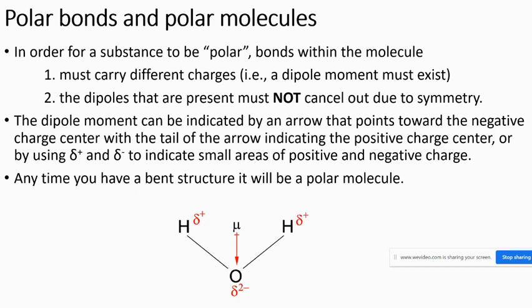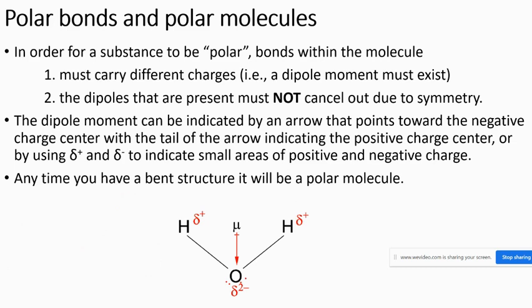All right. So here, there's an electronegativity difference between the oxygen and the hydrogens. And remember that this has lone pairs of electrons on the oxygen here. So you can document this in one of 2 ways. You can use this symbol that kind of curls back on itself. It's a Greek symbol.